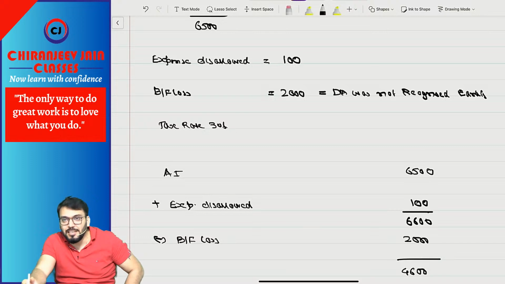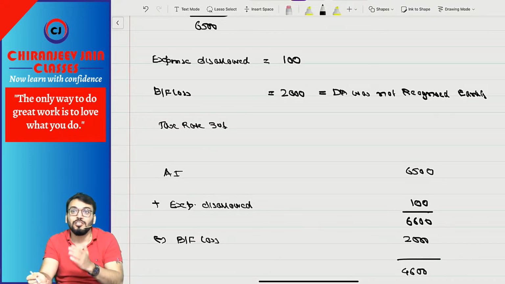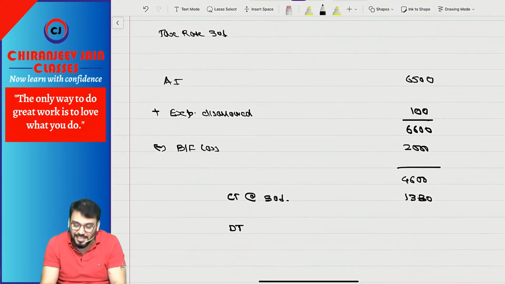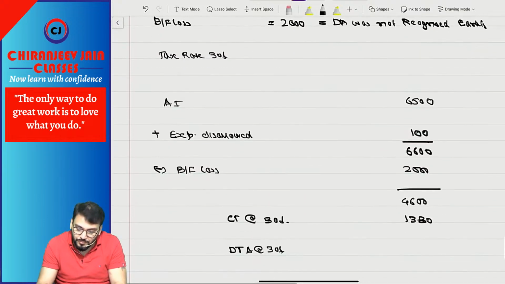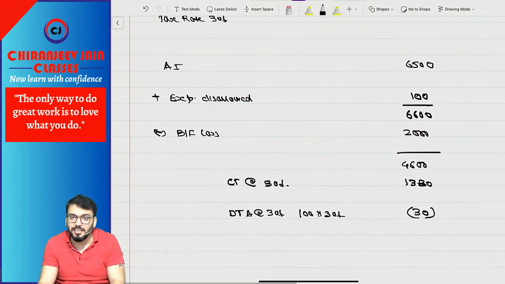So it is a tax benefit, so we need to recognize a deferred tax asset. At what rate? 30%. 100 into 30%. So this will be plus or minus? Minus. DTA created means DTA income.